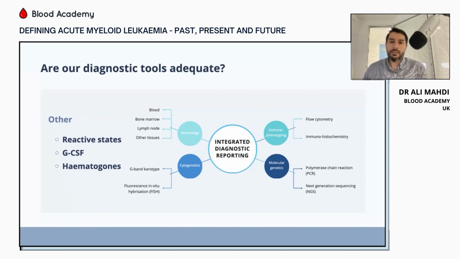And then you've got hematogones, which can be seen in young patients, in patients after allogeneic stem cell transplantation, that by morphology can be quite difficult to distinguish between malignant cells and hematogones, these immature B cell precursors. Flow cytometry can help quite significantly to distinguish them, but by morphology alone, they can be difficult to distinguish.